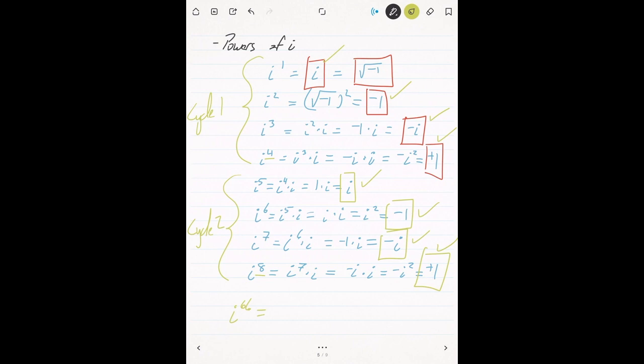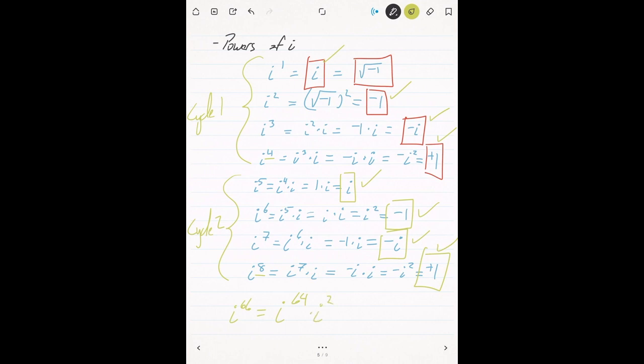All right, well, hopefully you had some time to figure this out. Now, let's think about this, again, in terms of the cycles. Every multiple of 4, we end the cycle. So what's the closest multiple of 4 to 66? Well, let's see. I'm thinking 64. So we have i to the 64 times i squared, right?